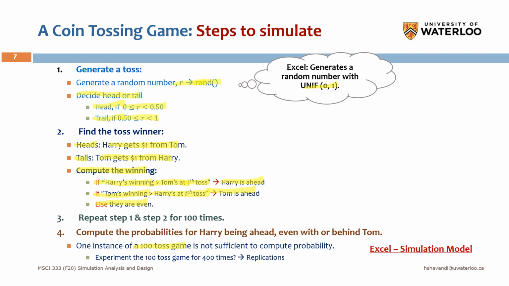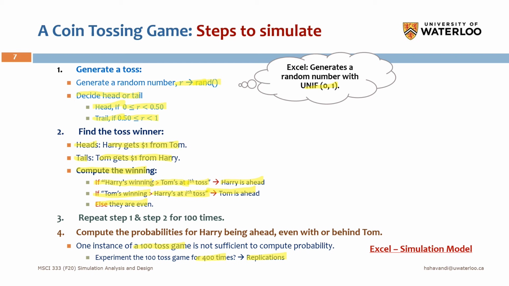replications of the game, it's not enough, because any time that you rerun the game, the results change. So you'll see that 100 game tosses is not enough. You may increase it to 400, for example, or 1,000. Or we may go for replications: we can set the game with 100 tosses, and then replicate the game 1,000 times, for example.